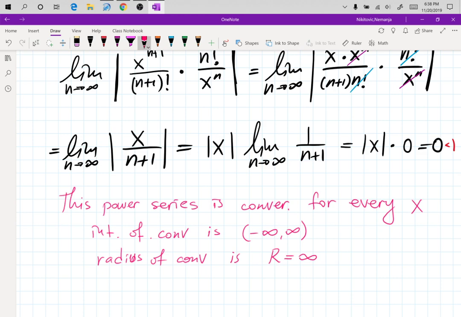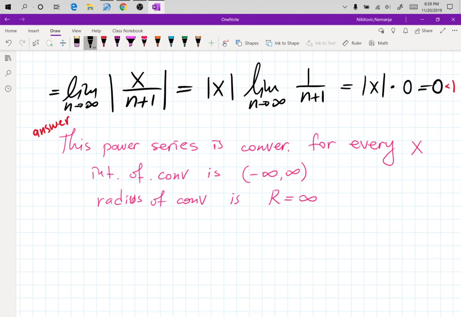This is your answer, guys. This power series is convergent for every x. So interval of convergence is negative infinity to positive infinity, and radius of convergence is r equals infinity. Okay, cool.